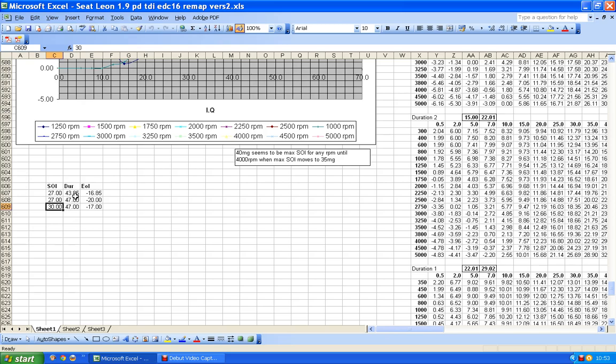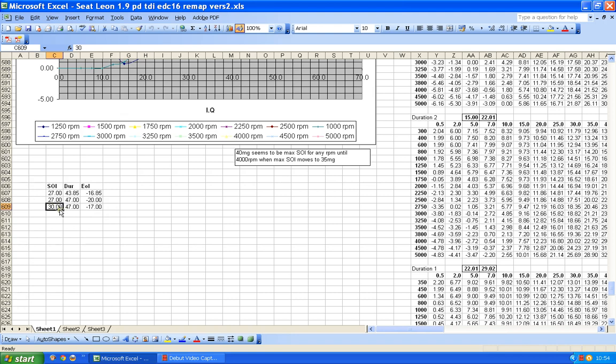So the whole thing really starts with duration, even though start of injection selects duration maps. Seems daft, but that's just the way it goes. So you start with your duration, you look at where the start of injection might be, you look at where that means you might end, and then you look where perhaps you should consider changing the start.